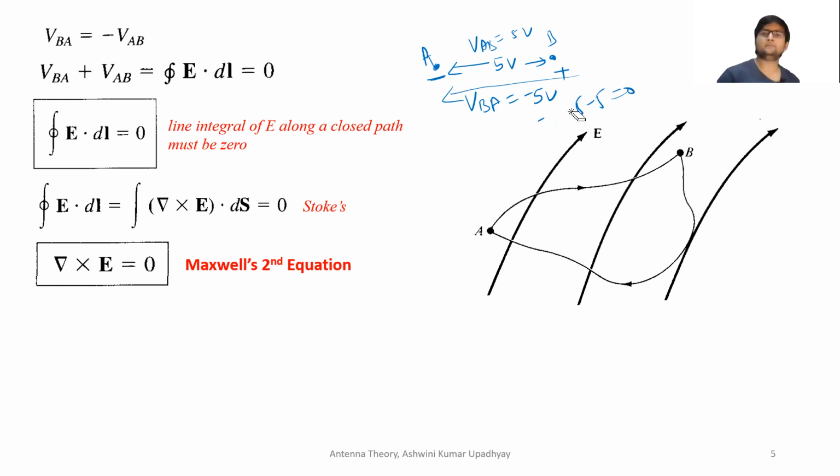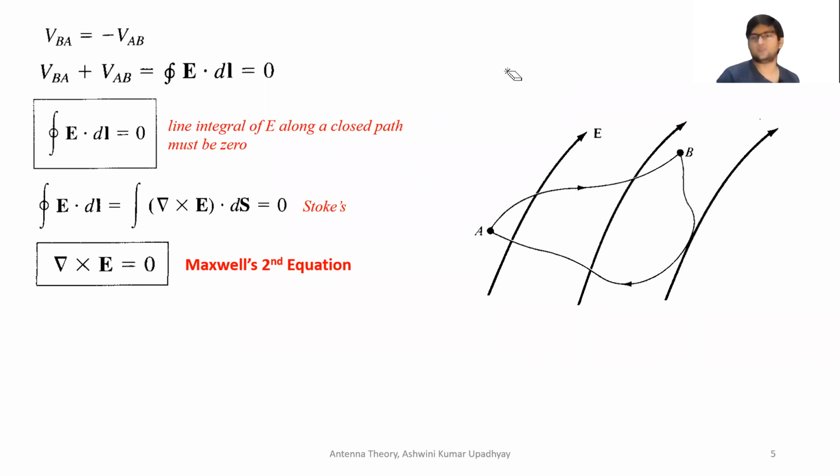So similarly, I have already told you that if you are calculating voltage, it does not matter what path you take between the points A and B. So here, as you can see, there are 2 points A and B. If you go from here to here, you will get VAB. But if you come back from here to here, taking some other path, you will be calculating VBA.